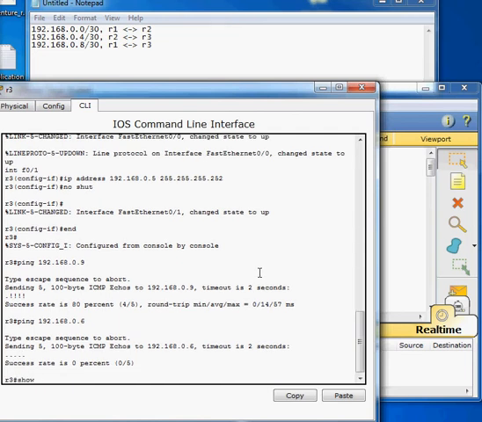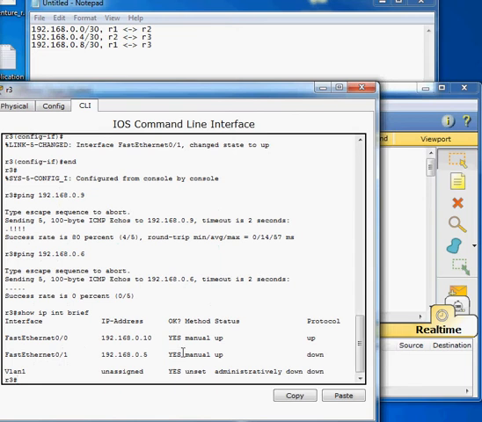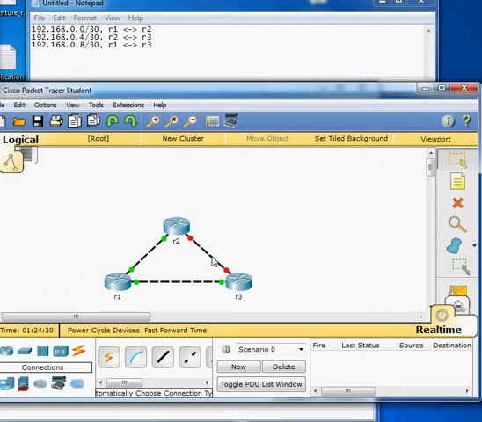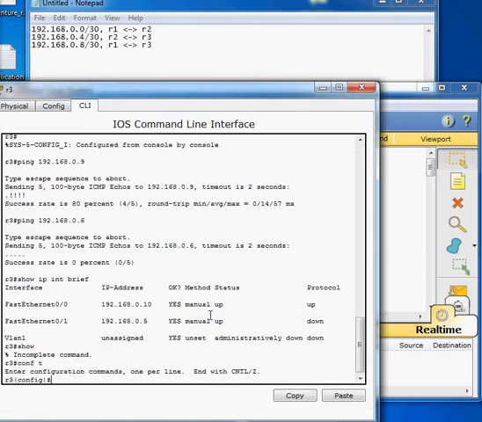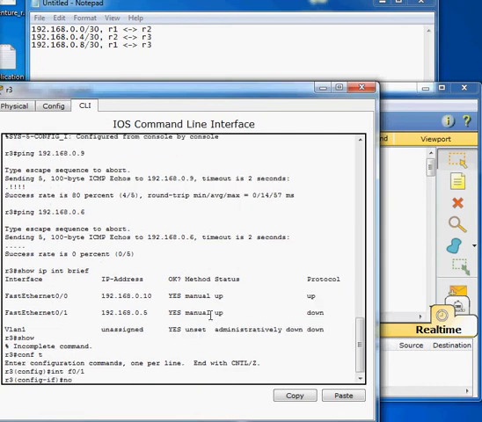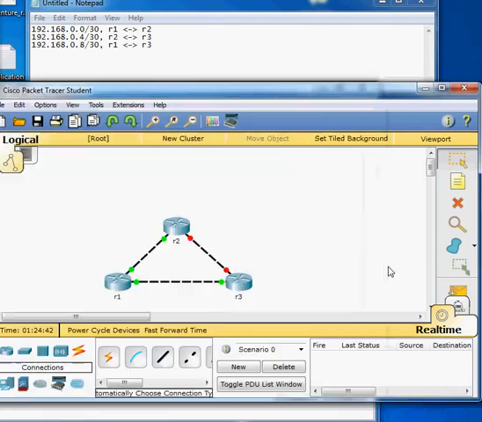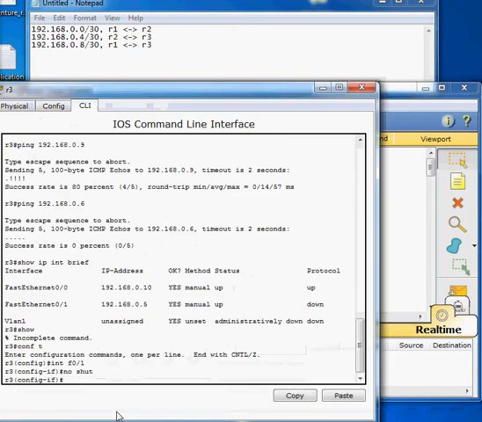Okay, so let me try to figure out what's going on there. So show IP in brief. So I have .05. Oh, looks like there's a problem there. So maybe I didn't do a no shut on there. Let me see. Still not coming up.